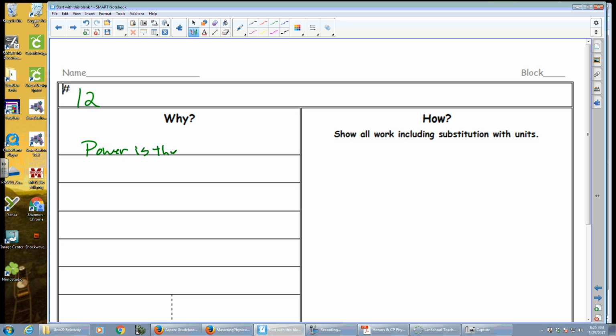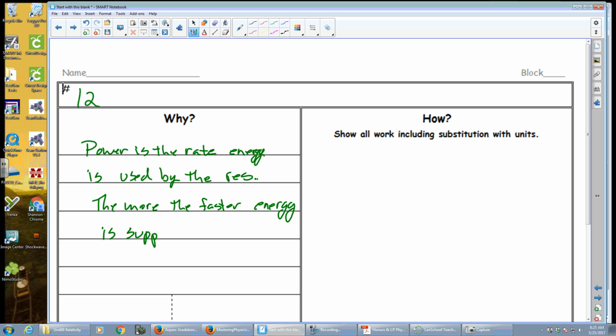Power is the rate energy is used by the resistor. The more current, the faster energy is supplied.